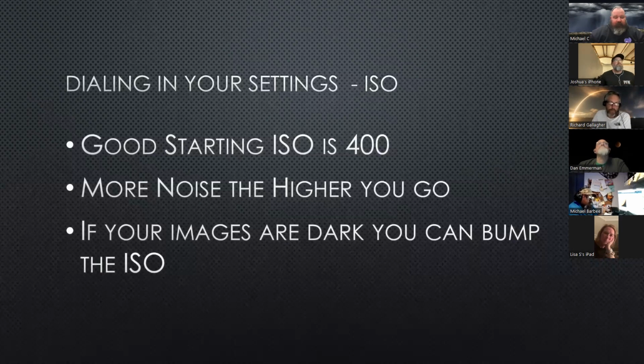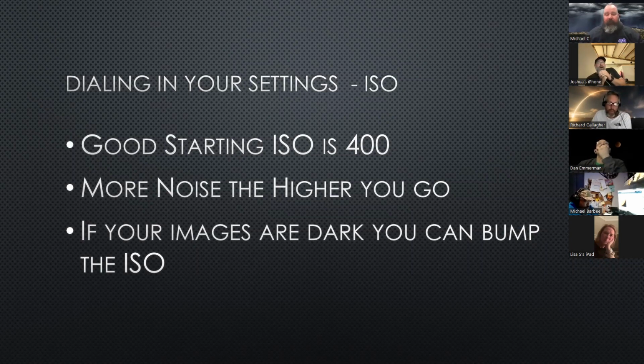Obviously, I shoot in manual. I assume everybody shoots in manual. I like being able to dial in each setting. So I'm going to assume people are shooting manual. I do recommend it for something like this just because you can dial in those settings a lot easier.